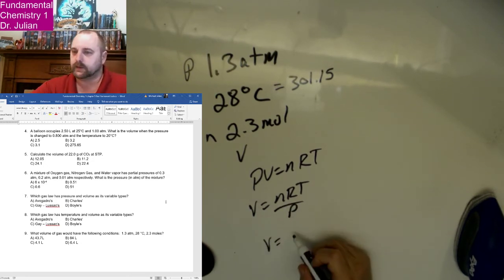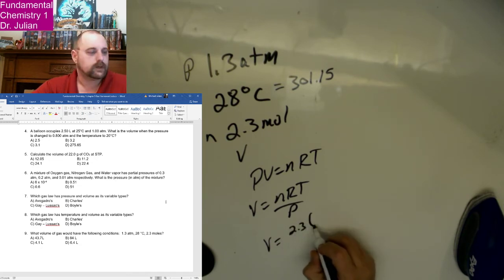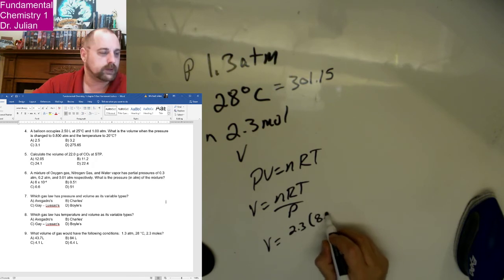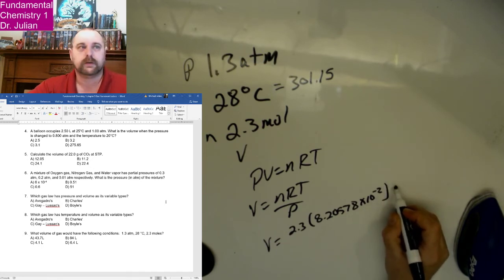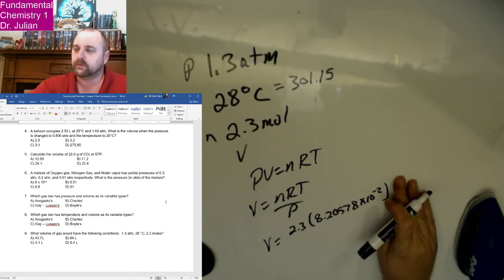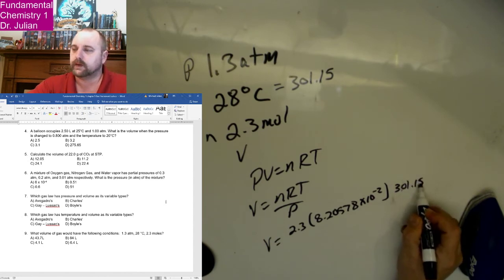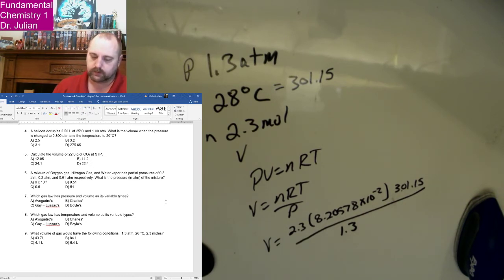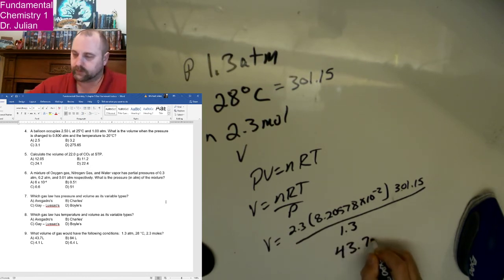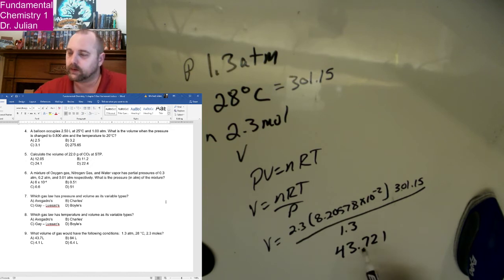Let's do it all nice and neat here. 2.3 times 8.20578 times 10 to the minus 2 times 301.15 divided by 1.3. 2.3 times 8.20578 EE negative 2 times 301.15 divided by 1.3. 43.721 if I round that off.